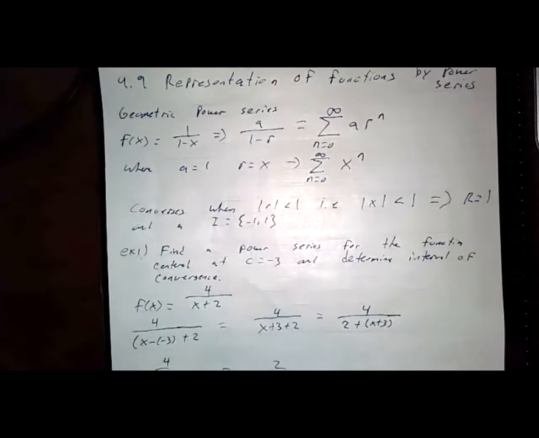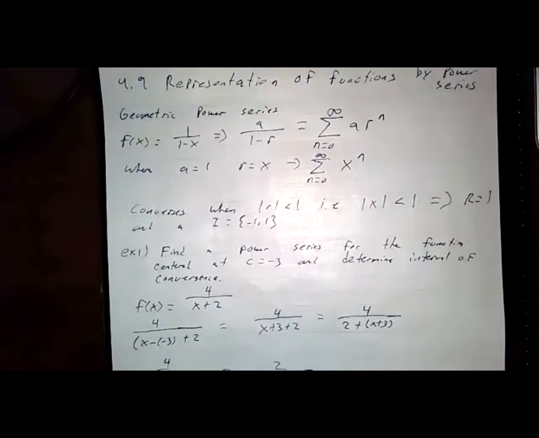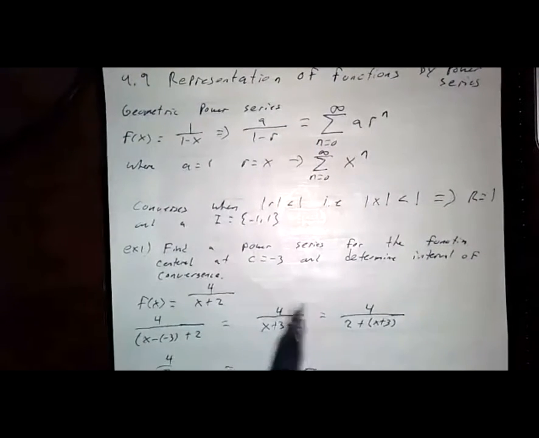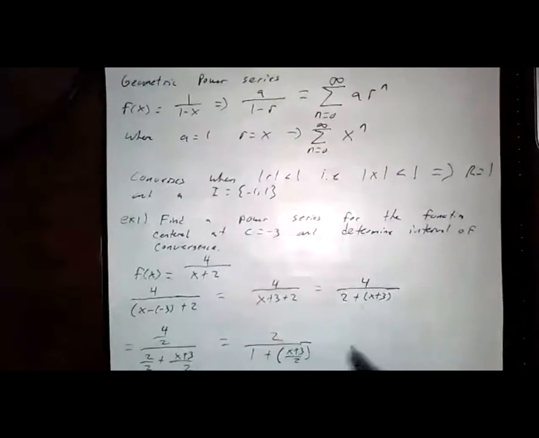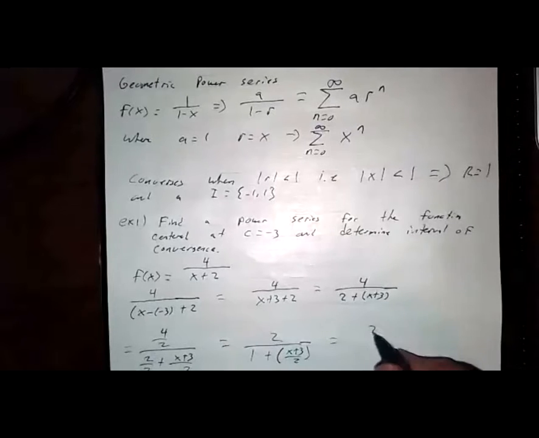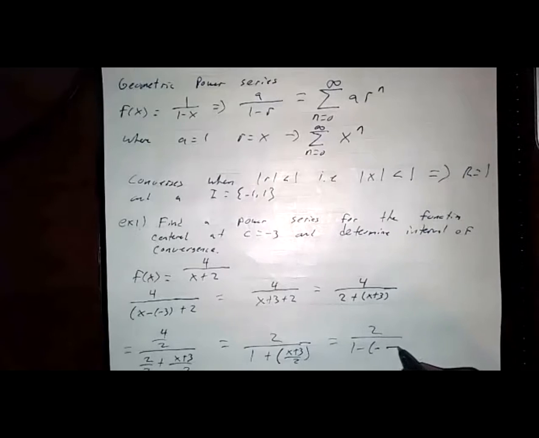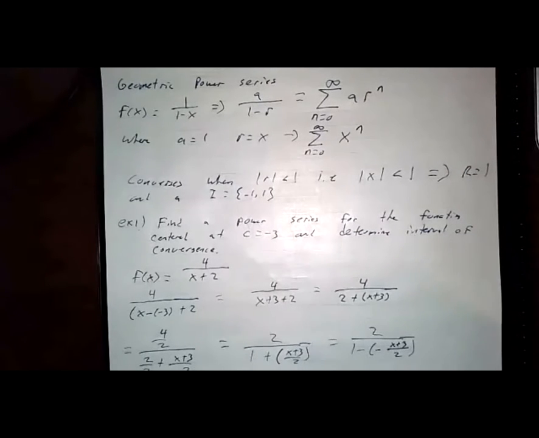Which would give me what? 2 over 1 plus this weirdness. So I'm almost there. I just need it to be a minus, right? So that would be 2 over 1 minus a negative x plus 3 over 2. So now I have the exact form, which means that I can let this be my r, right?